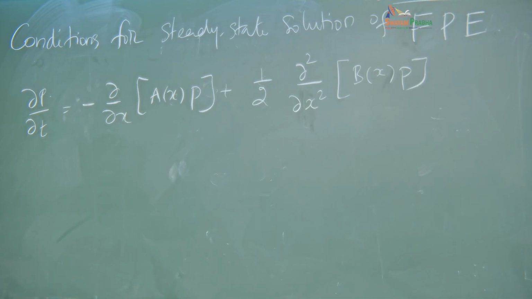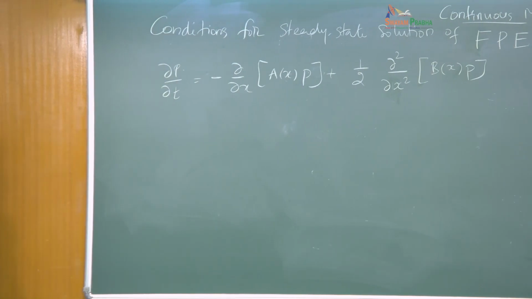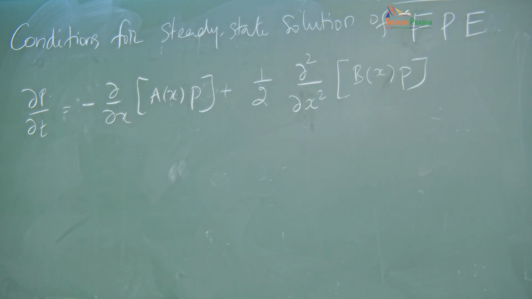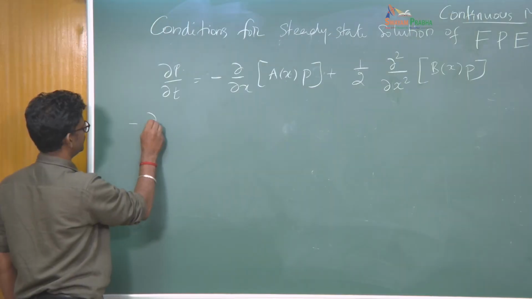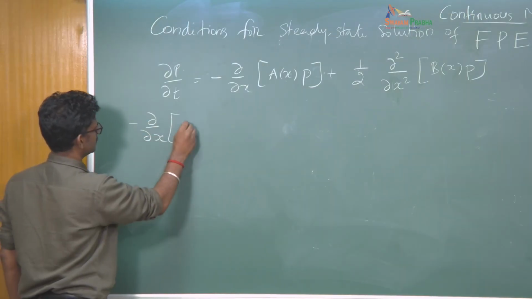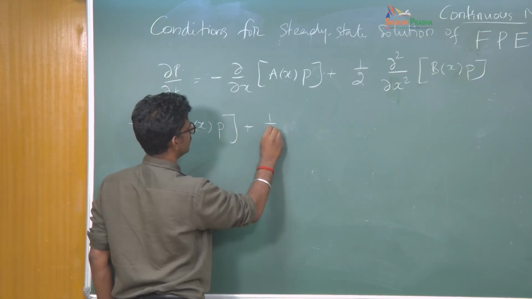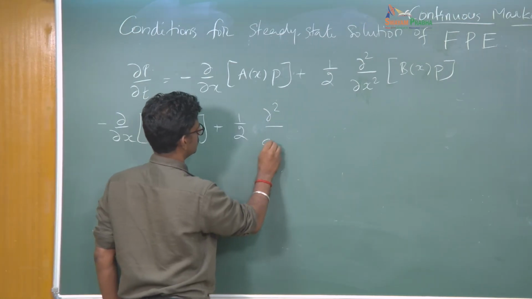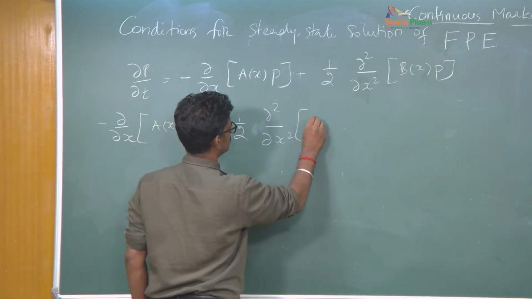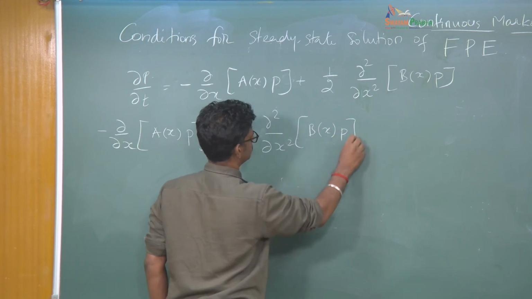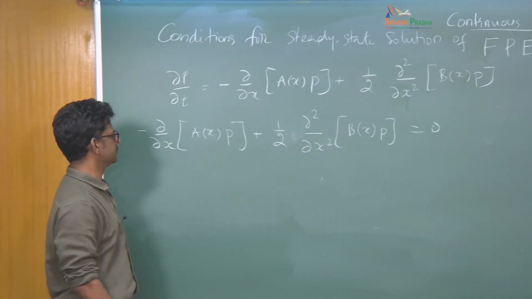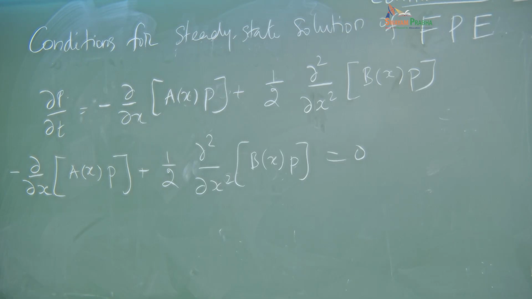Now we are seeking a condition where this term goes to 0, so that I can look for steady state solutions. So when this is equal to 0, we say that minus ∂/∂x of a(x, p) plus 1/2 ... So I'm rewriting this.